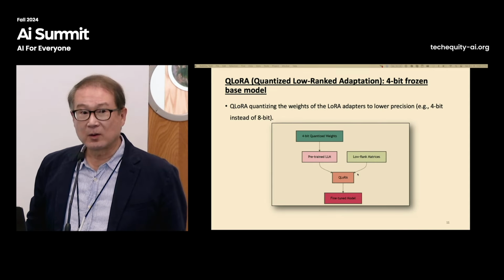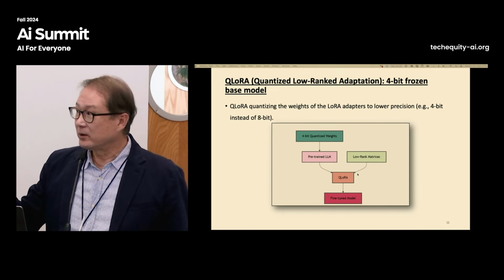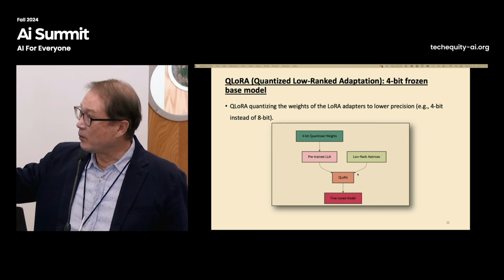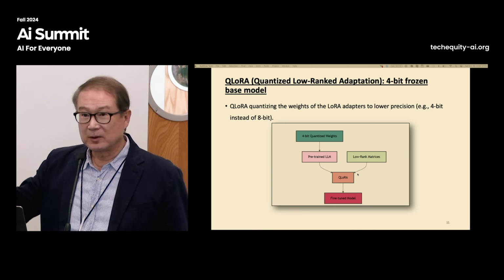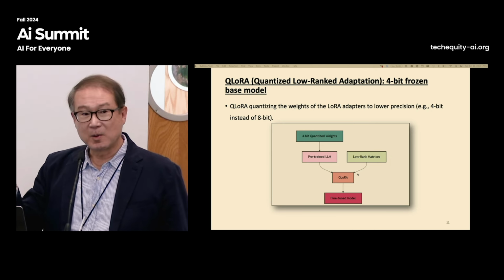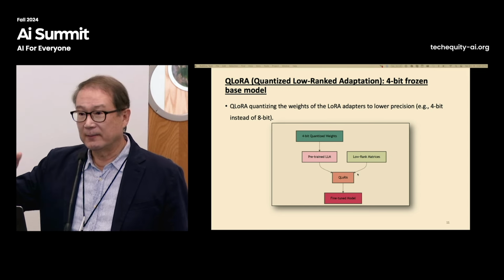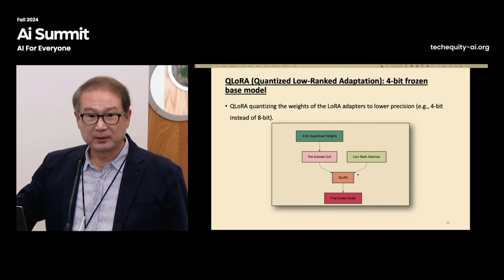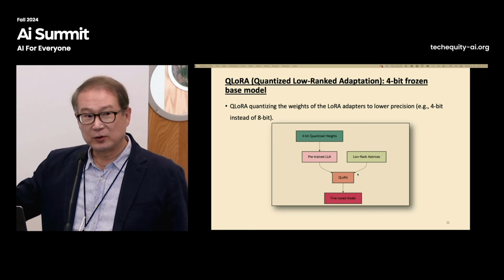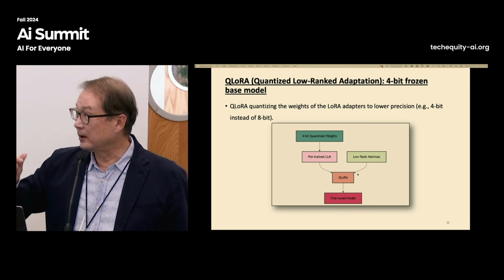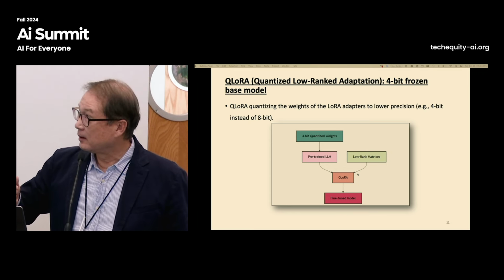And then QLoRA goes one more step, actually quantizing, making it 4-bit instead of 8-bit. So even your weights become a small number of bits. And they use what is called a normal distribution to do the 4-bit low precision. Okay?